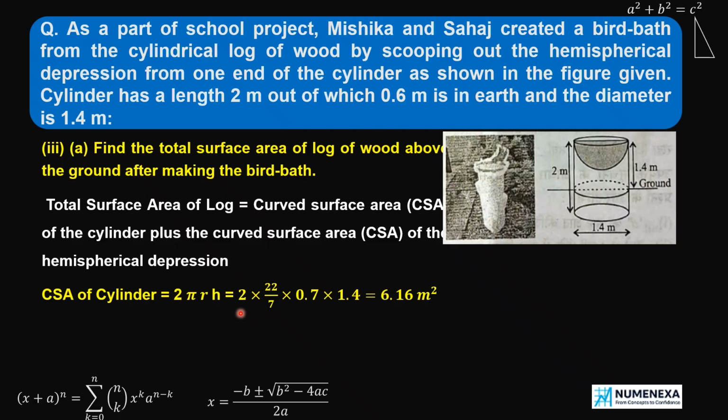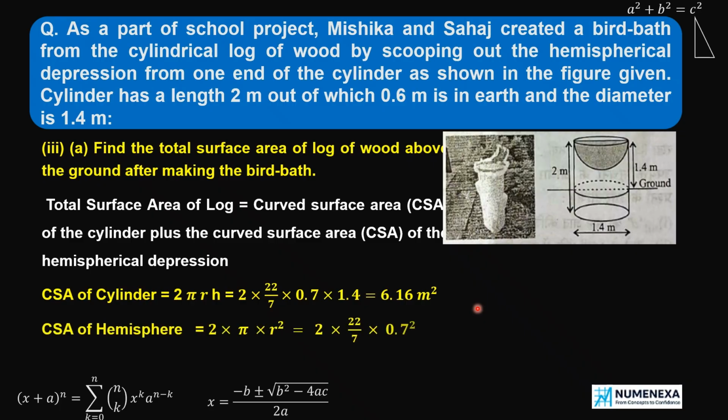Substituting the values, 2 into 22 by 7 into 0.7 into the height. Observe that the height of the cylinder of log of wood is 2 meter, however we only consider 1.4 meter here, because 0.6 meter of the height of the cylinder is below the ground. After calculation, we get the curved surface area of the cylinder as 6.16 meter square.